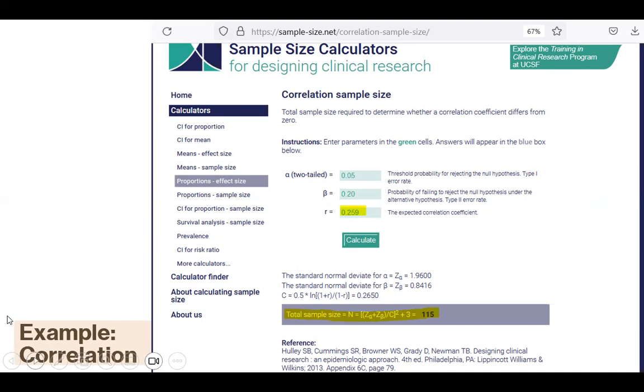And here I inputted the 0.259, and then you hit calculate, and then it gives you the sample size. It not only shows you the sample size of 115, it also shows the formula for the sample size. So if you want to manually check, then go right ahead and practice.